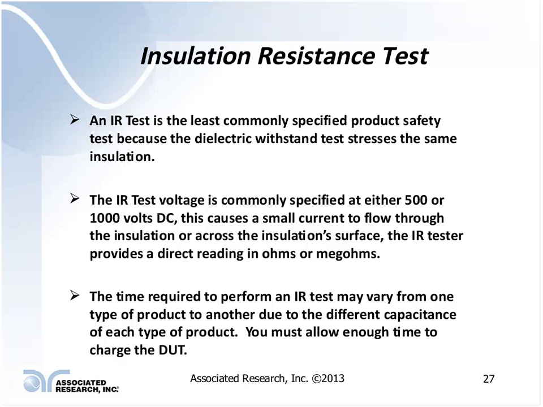But this test is probably the least commonly specified test because it is testing the same insulation that is being tested during the dielectric withstand test or the Hipot test. It is considered to be a little bit less stressful than a Hipot test because it's typically done at a lower potential, so you're not putting as high a stress on it as when you're doing a withstand test.